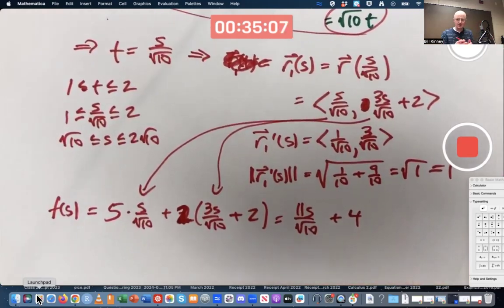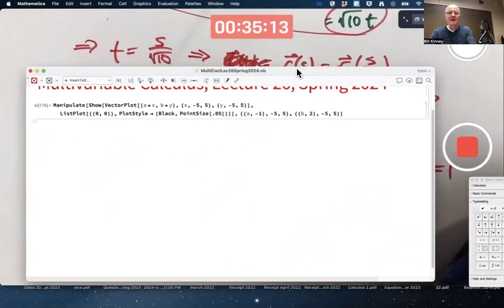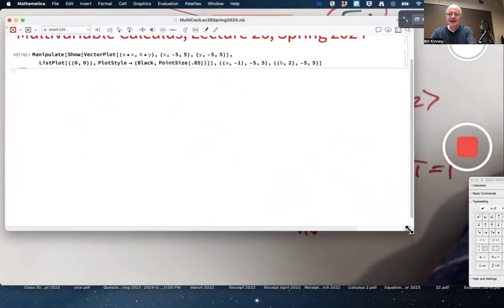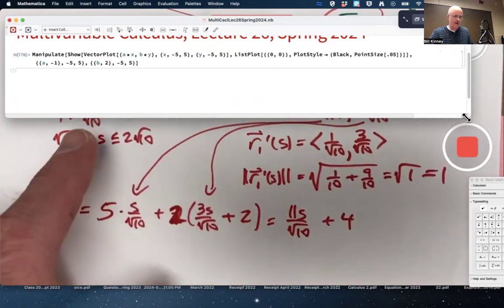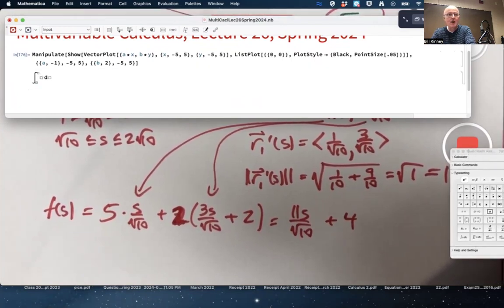That should be the function to integrate to get the mass of this thin rod, this wire, as s varies from square root of 10 to 2 square root of 10. There's a better method. Hang with me here. Hopefully I did not make a mistake.